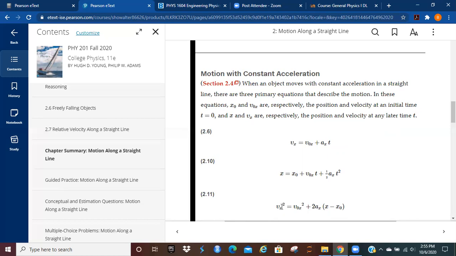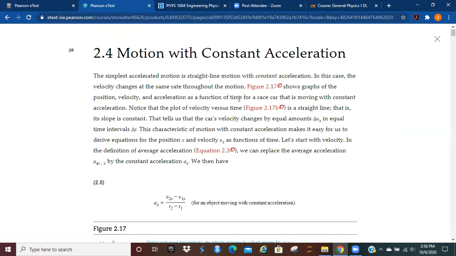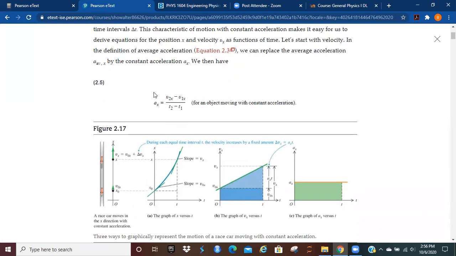You can also relate the velocity in the x direction squared, which is equal to the initial velocity in the x direction squared plus 2a times x minus x naught. To go through those derivations, if we go to section 2.4, we can see these equations written here.